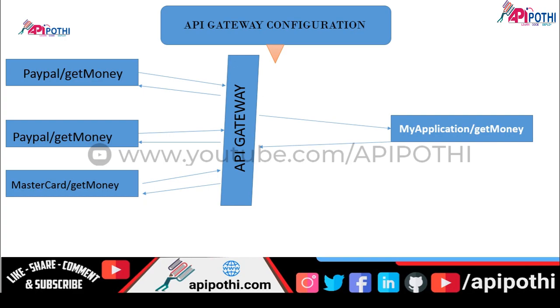In the same way, when MasterCard/get money hits the API gateway, it validates that MasterCard is eligible to hit application B. First task done. For the second task, it sees the URI is MasterCard/get money, removes MasterCard, translates the URI to application name/get money, and then redirects it to the respective application. So this is basically what we do in the API gateway.